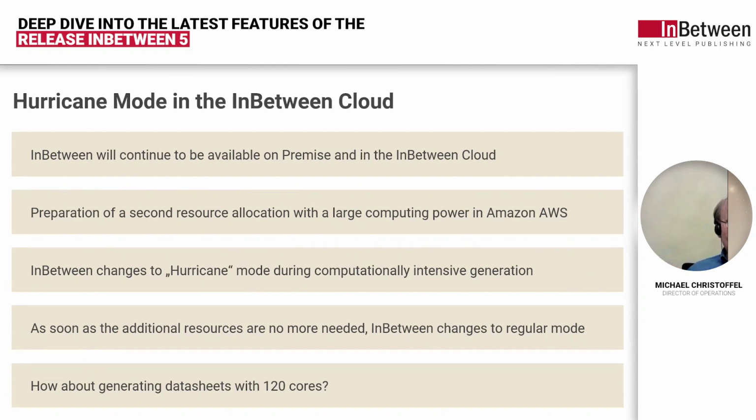This means you have, let's say, a standby, which is being used by catalog production, which does not need that much mighty power. But maybe if you're going to data sheets with really lots of them, InBetween can automatically use more power in the same environment without any additional effort. And of course, you don't have to pay twice. It's the same application, but it only uses more computing power.